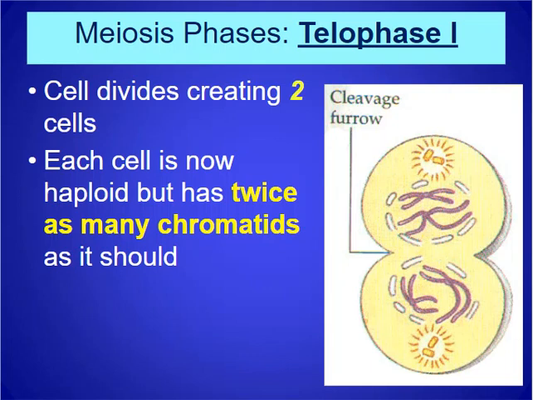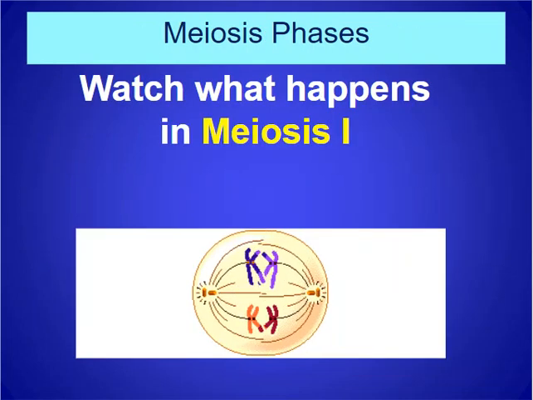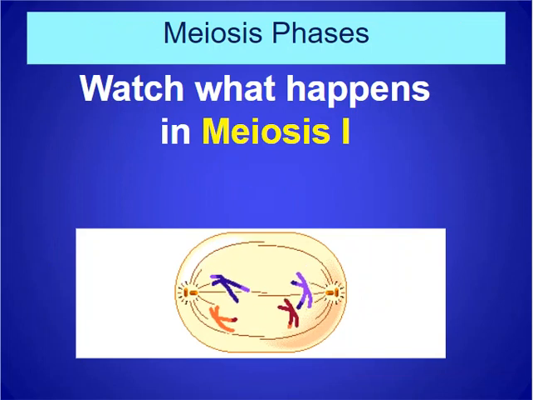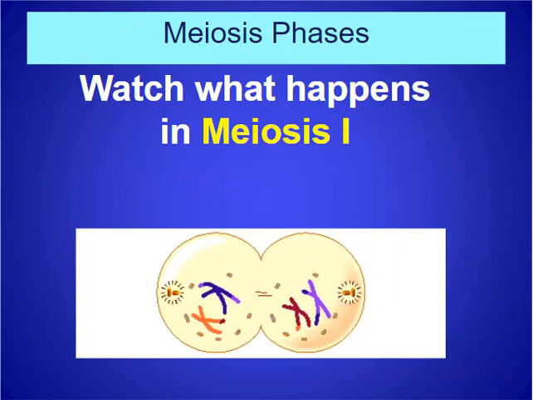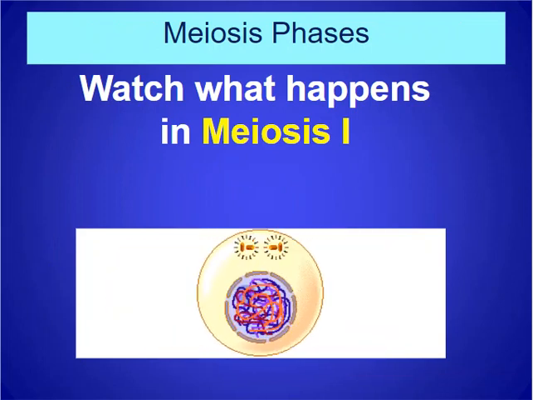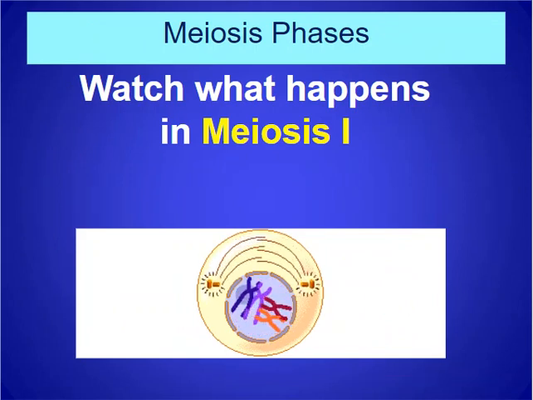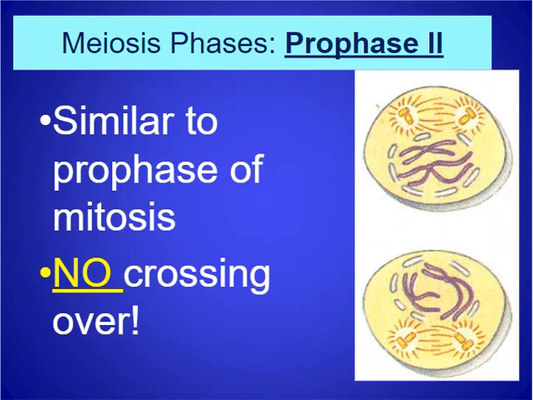However, meiosis goes through another division, a second division. So, as you can see in this image, that's what's happening in meiosis 1. We're ending with two whole cells. Well, those two whole cells divide again. We go into prophase 2. It's similar to prophase 1, except there's no crossing over this time.